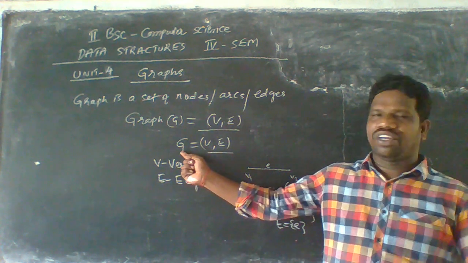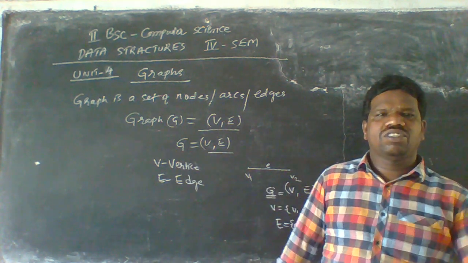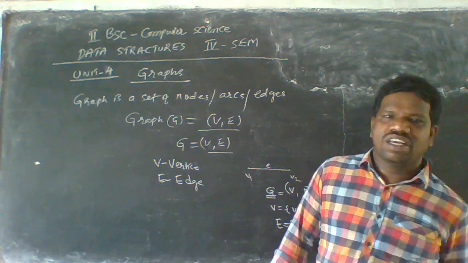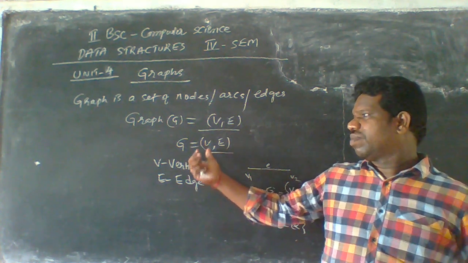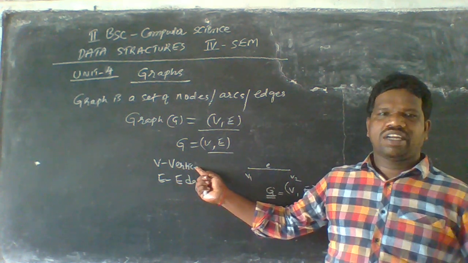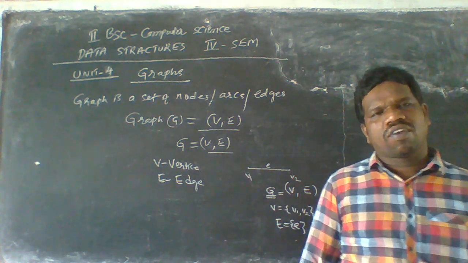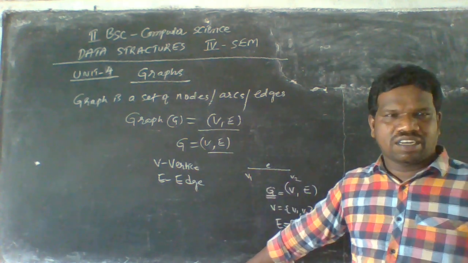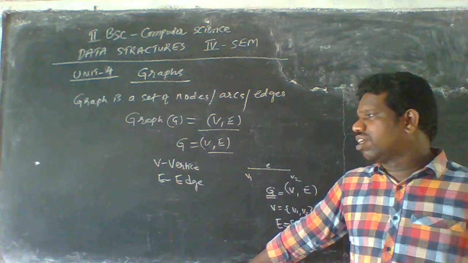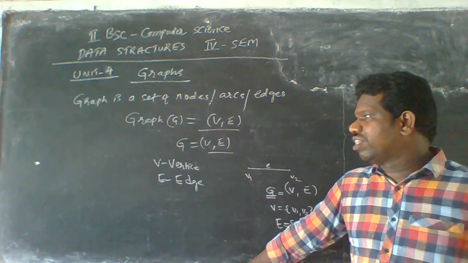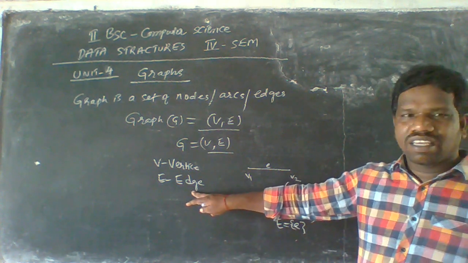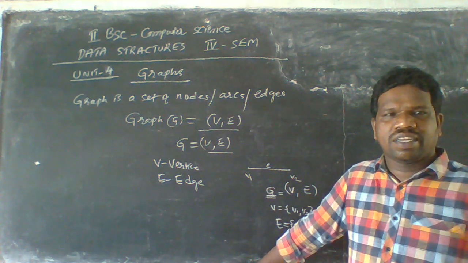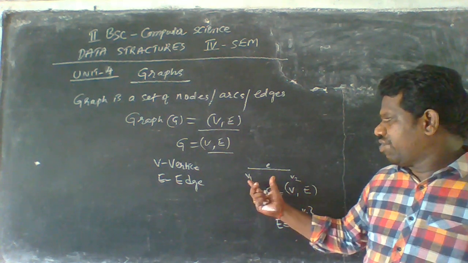A graph is denoted by G. Hence G is equal to V comma E. Here V means vertex, also known as a node or a point, and E is called the edge. An edge is also called an arc, going from V1 to V2.